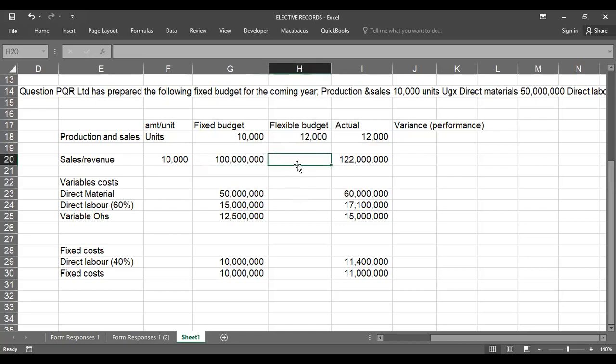I understand you learned a new method, which uses what you call a flex ratio, which is given by the actual production divided by the fixed budget.